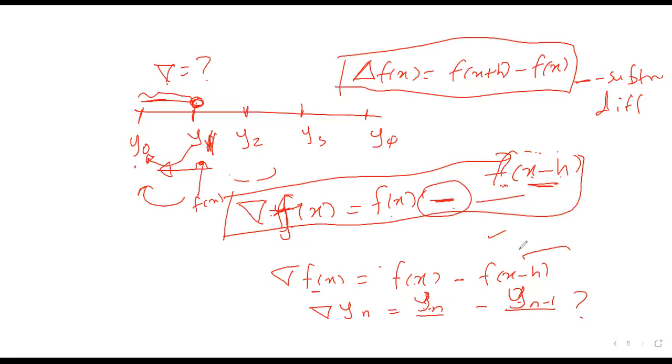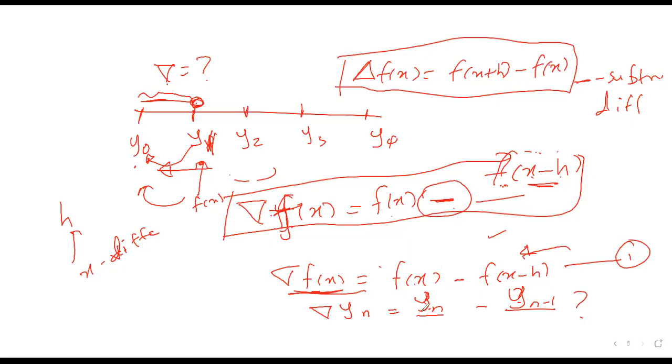Some are confusing this h regarding the f of x minus h. But when you are using y, we don't use the h, no? You should know this h depends on the x values. Wherever you are having the function f, you have to use the x difference. So here in this equation only we are using h.